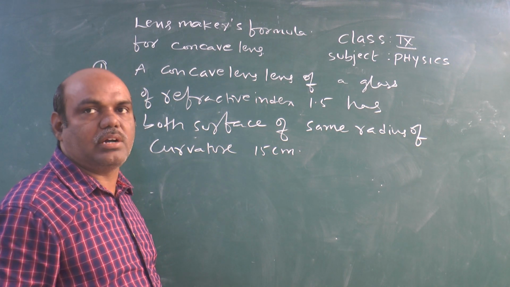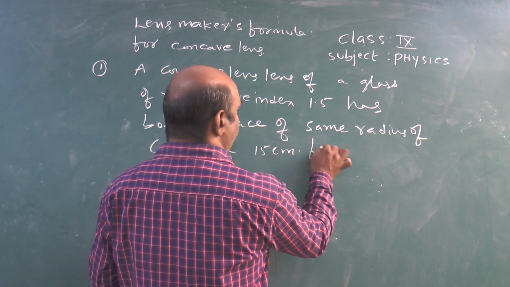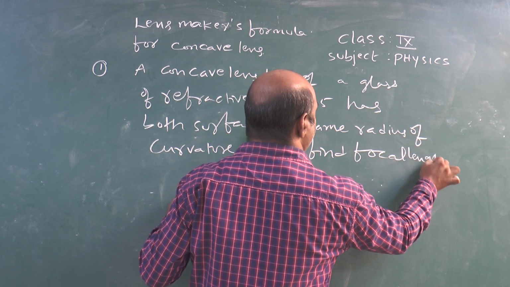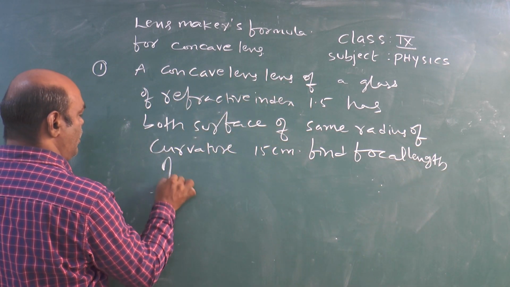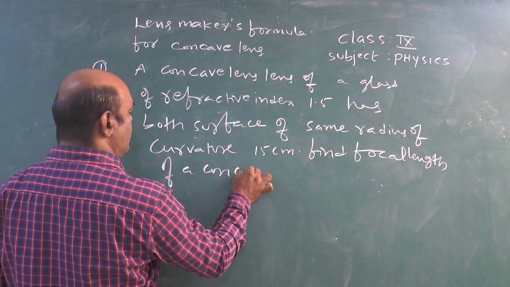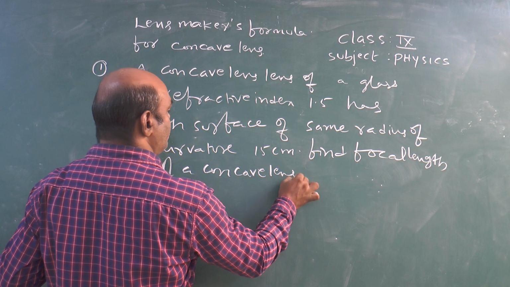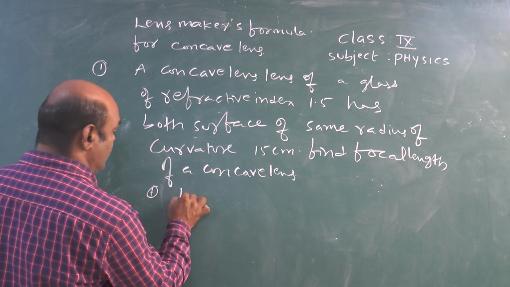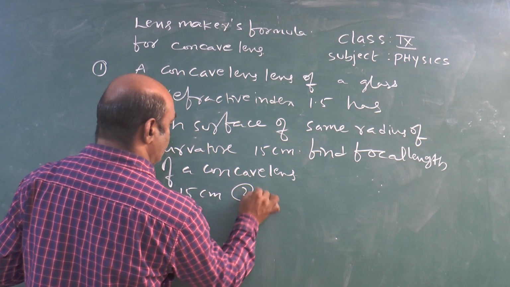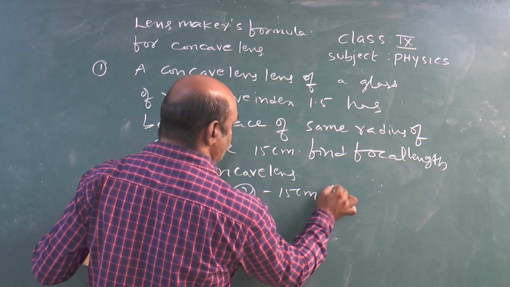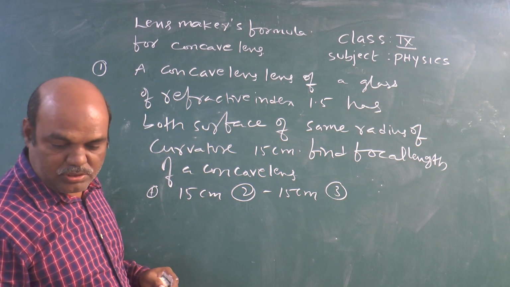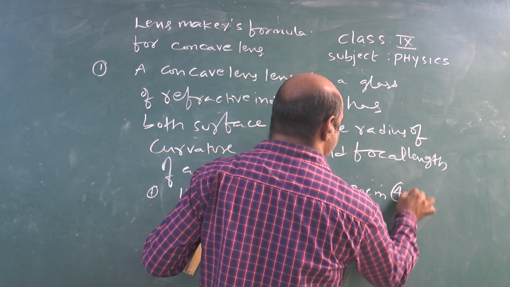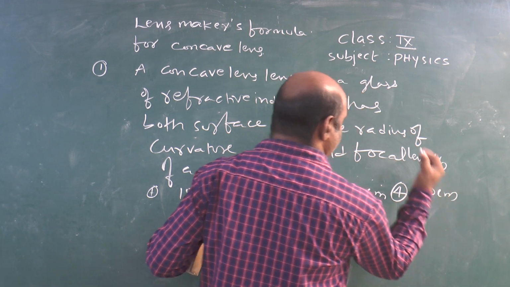Find the focal length of the concave lens. The first option is 15 centimeter, second option minus 15 centimeter, third option 30 centimeter, fourth option minus 30 centimeter.